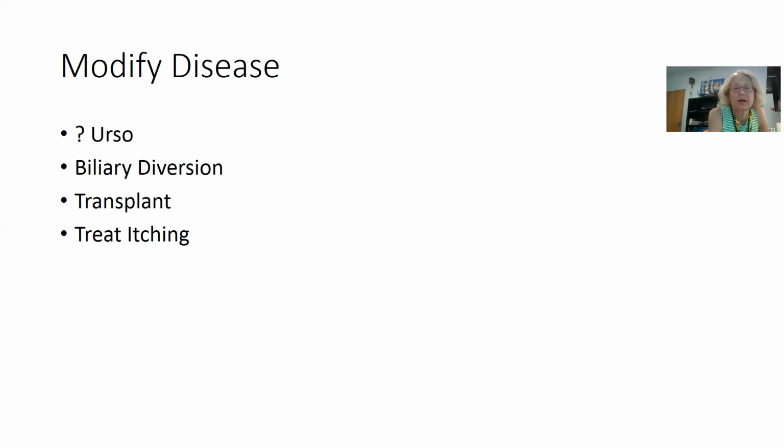We do biliary diversion, either diverting the bile acids into the colon or out a conduit from the gallbladder to a stoma. Some of these kids need transplant, and we often need to treat their itching because it is very problematic for these kids. It prevents them from sleeping, it prevents them from learning in school. They can get scarred skin and infections from all the scratching.